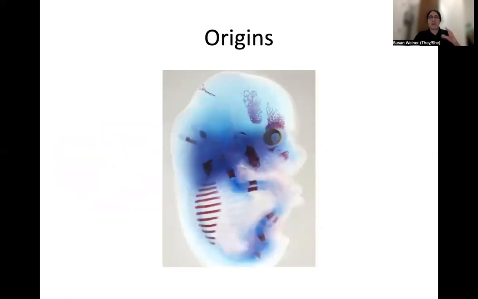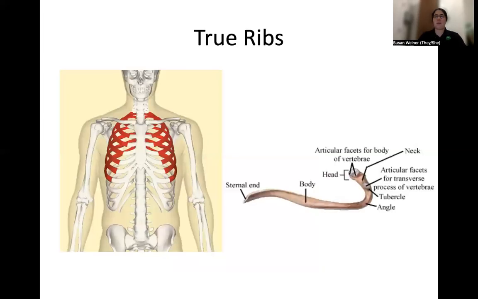All right, so we've been talking about this. The ribs and the sternum are the part of the axial skeleton that has that cartilaginous origin. So these ribs, we can divide into true ribs, false ribs, and floating ribs.